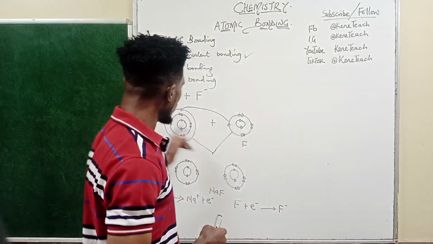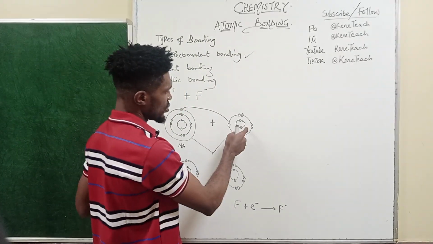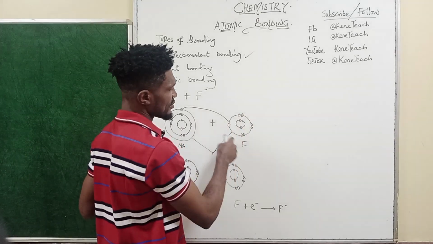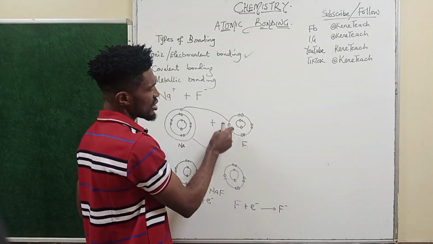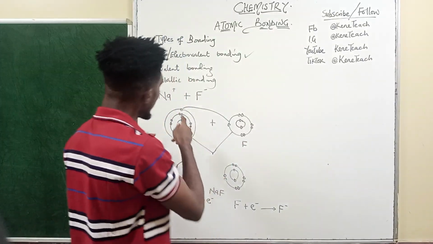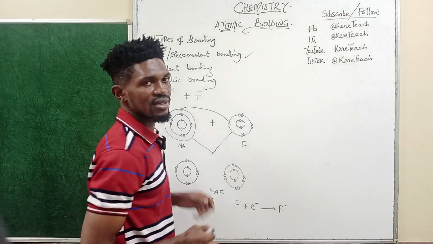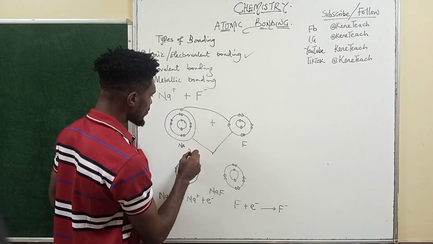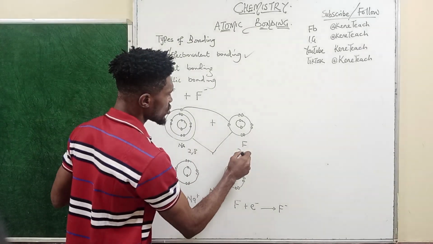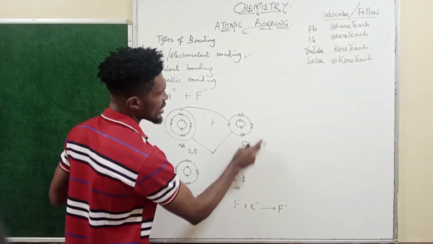For the sake of sodium chloride, the same thing. We have 2, 8, 7. The seven, in that 7, the one electron here will join that 7 to give you 2, 8, 8. Okay? In this case here now we have 2, 8. Here we have 2, 8. If this were chlorine, it will have 2, 8, 8.